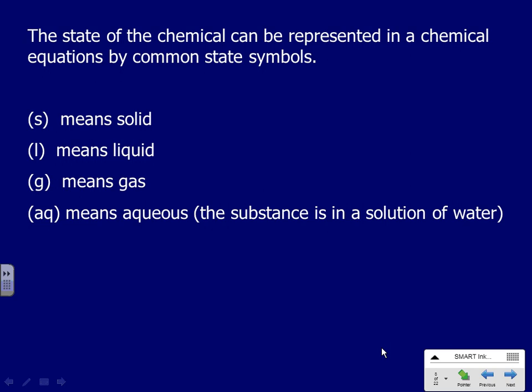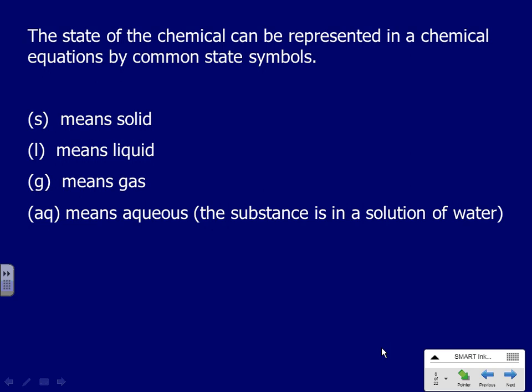So sometimes in brackets we'll put a little S. It represents that it is a solid. L representing that it's a liquid. I've often seen the L as a script, just so that it's not confused with something like an I or a 1, right?